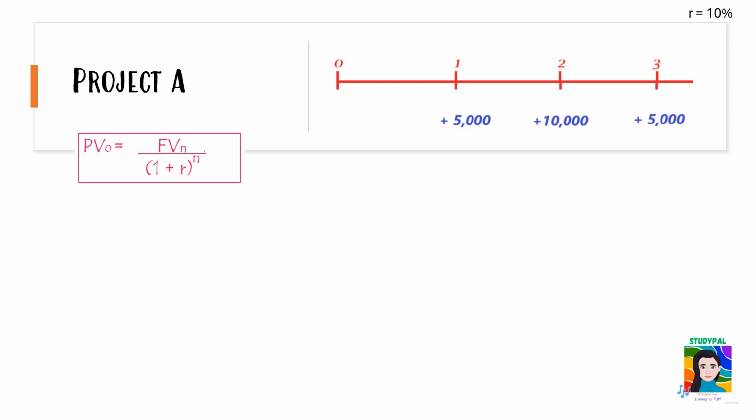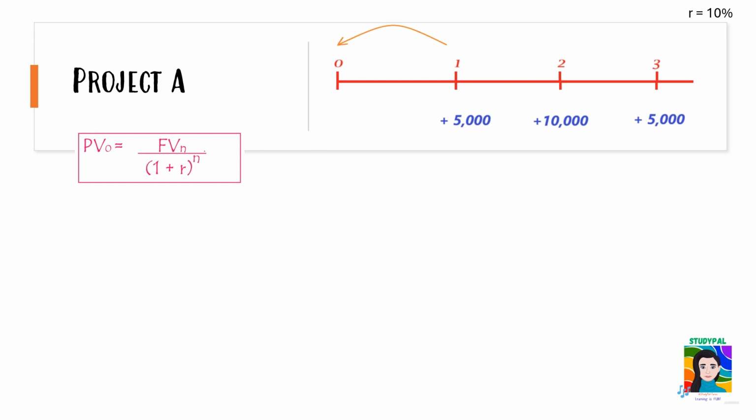Now let's do the math. We have Project A and the three cash inflows occurring at the end of year 1, year 2, and year 3. We will have to discount each and every cash flow. So the first cash flow at the end of year 1, we will have to discount it by 1 year to get the present value.